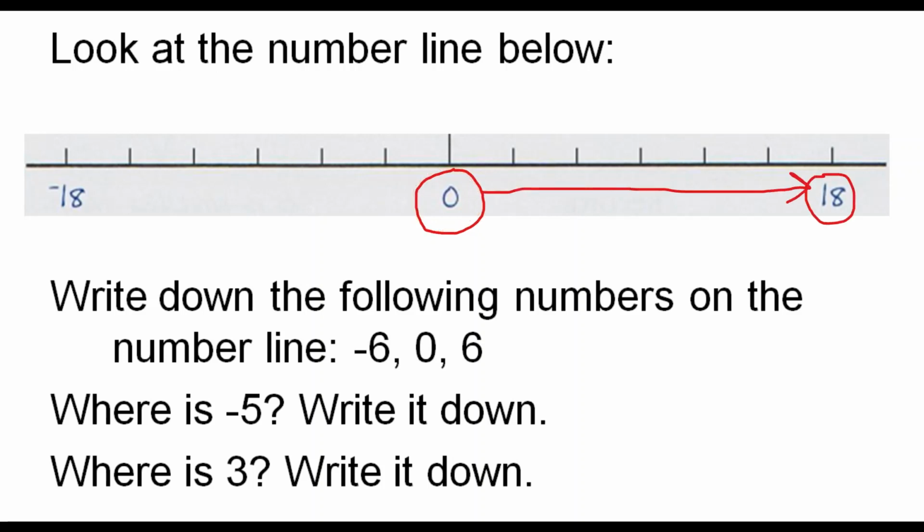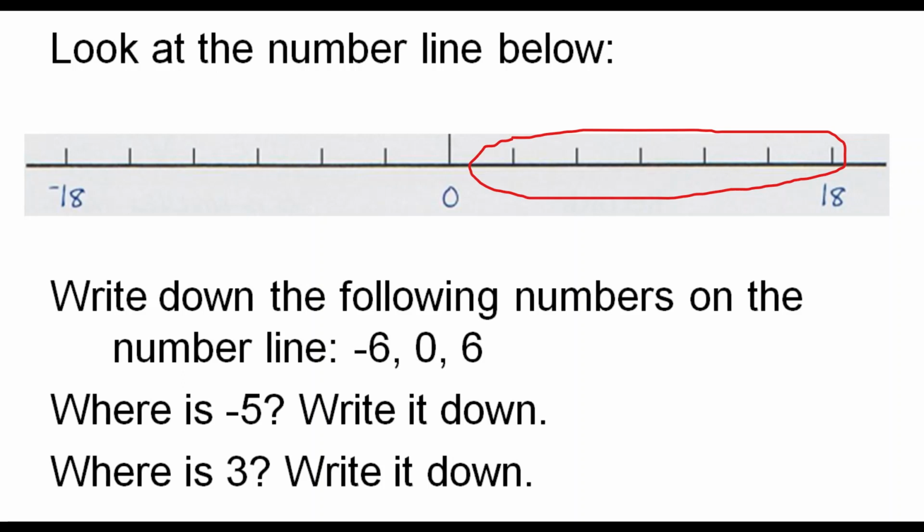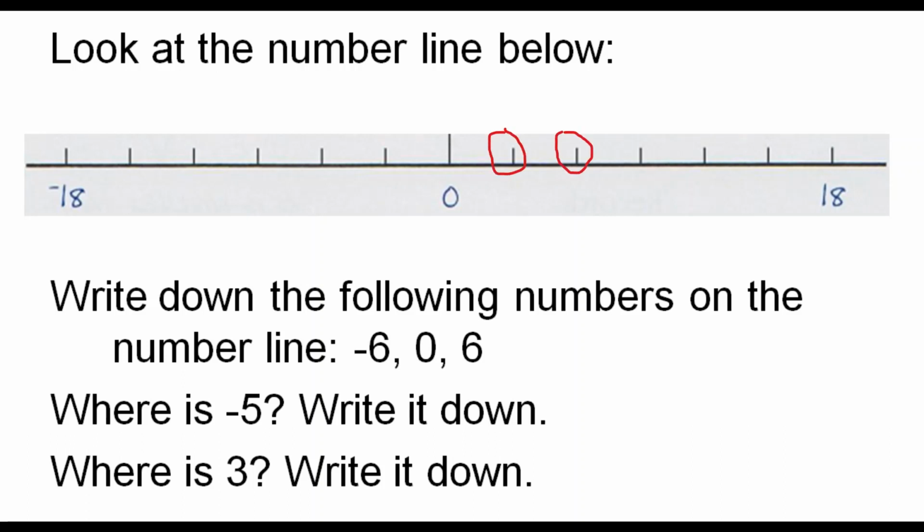How many lines are there between 0 and 18? I've got 1 line, 2 lines, 3, 4, 5, and then I get to number 18 on the 6th line.